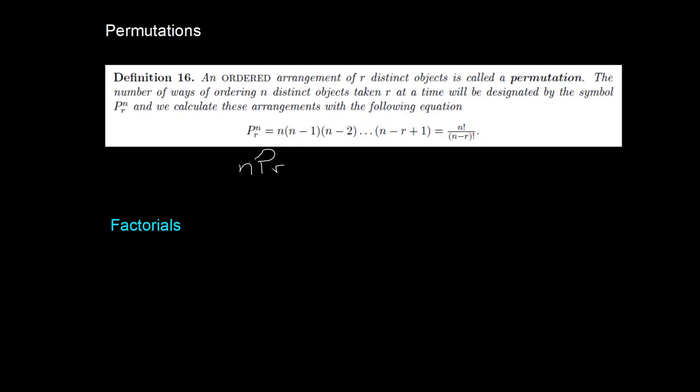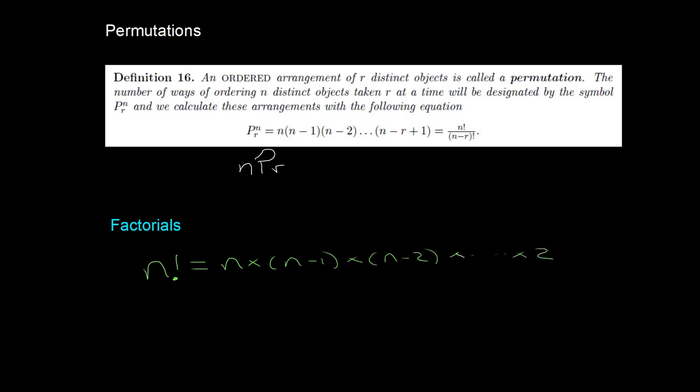So before we go over permutation examples, let me talk very quickly about factorials. Remember that n factorial, with this exclamation mark, is the same as n times n minus 1 times n minus 2, and we continue to subtract 1 all the way until 2.